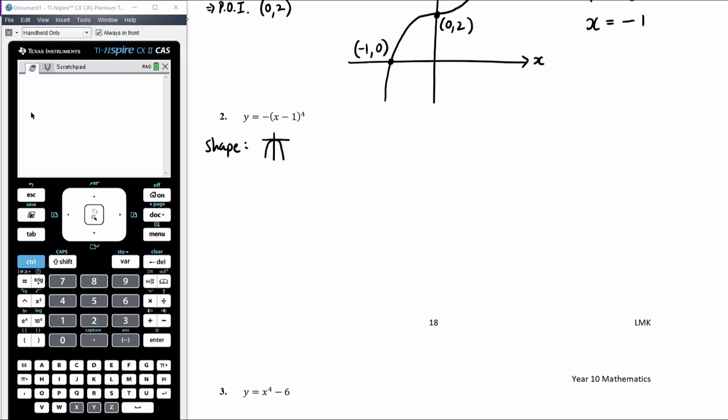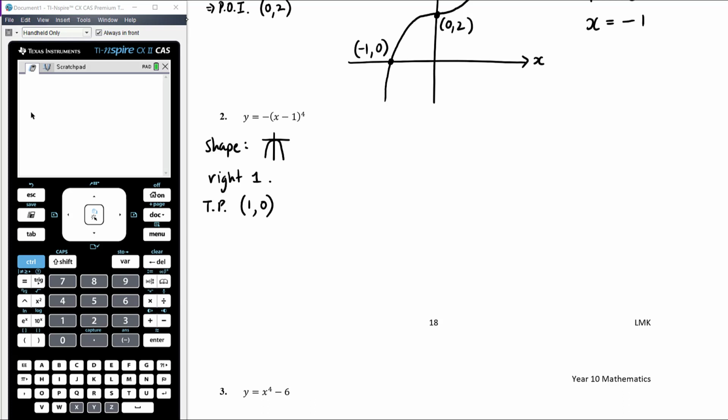Then we've got this -1 in here, which translates the graph to the right by 1. In terms of it's not a point of inflection here, it's a turning point. So the turning point, we've gone to the right by 1, so the x-coordinate of the turning point will now be at 1. We have not translated up or down, so the y-coordinate of the turning point is 0. We can think about there being a +0 on here if we need to.